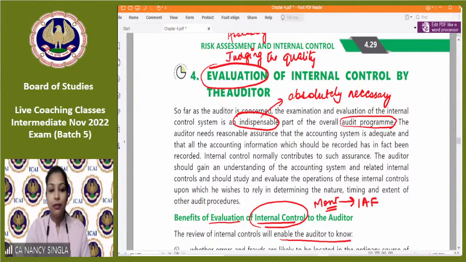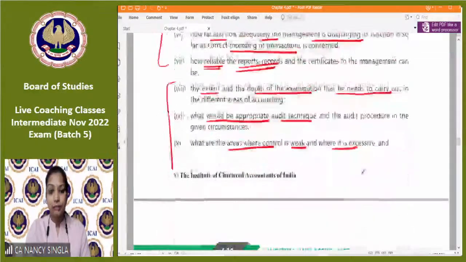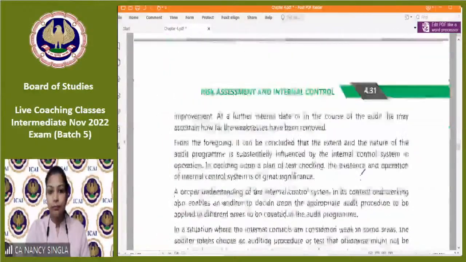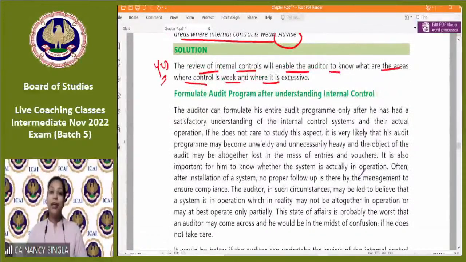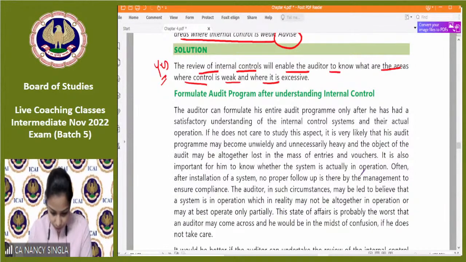So tell me, I have asked you a question. Where were we? We were discussing how, if I make an audit program without understanding the internal control, why, Hitesh, the auditor will not be able to do the audit properly?